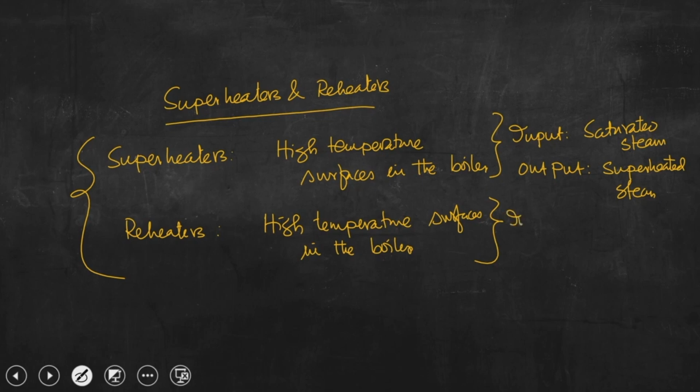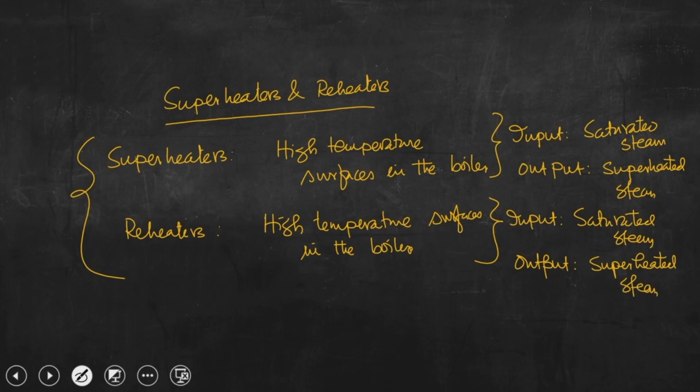So, input is again saturated steam, but output is superheated steam. Okay. So, basically for the reheater, the saturated steam is taken from the turbine.